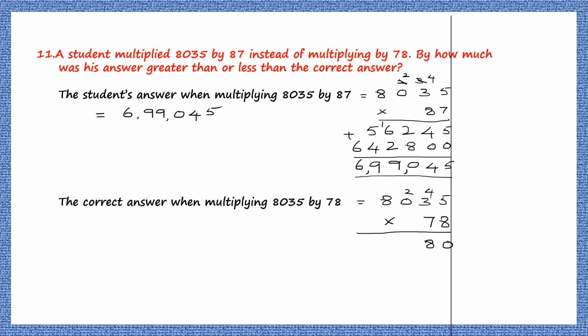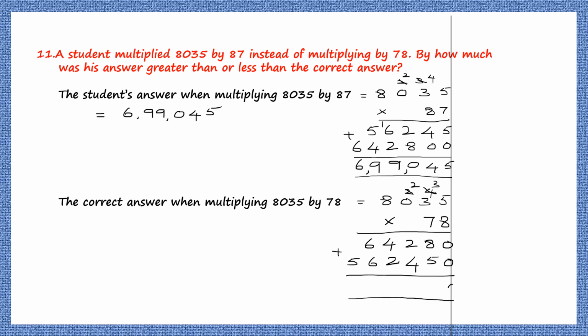Carry 2. 8 zeros are 0, so you put the 2. 8 eights are 64. Second step, you multiply by 7. You start with a 0. 7 fives are 35. Carry 3. 7 threes are 21. Plus 3 is 24. Carry 2. 7 zeros are 0, so you put the 2. 7 eights are 56. Now let's add up these two and see what we get.